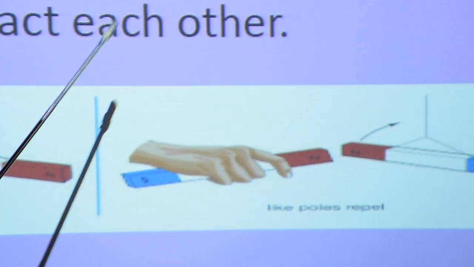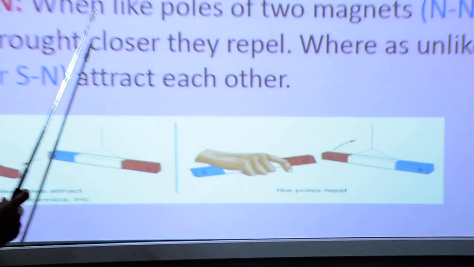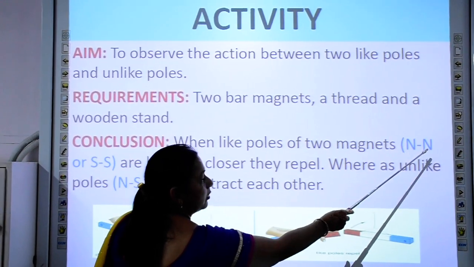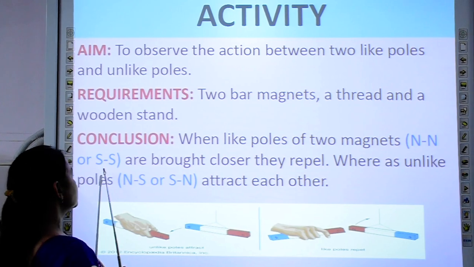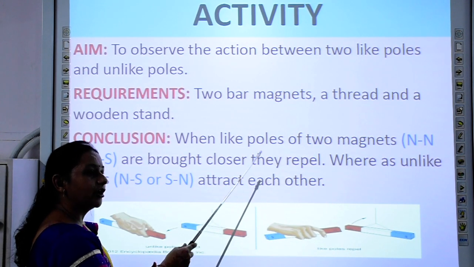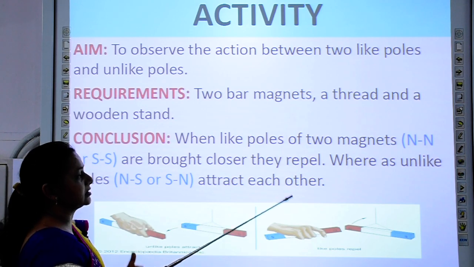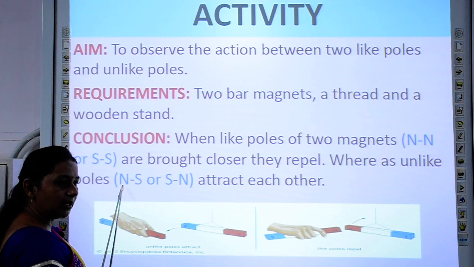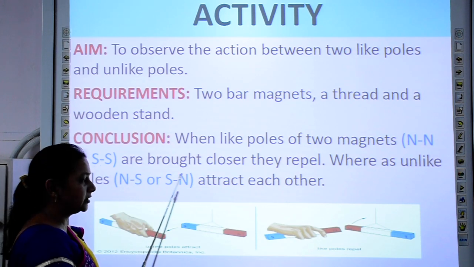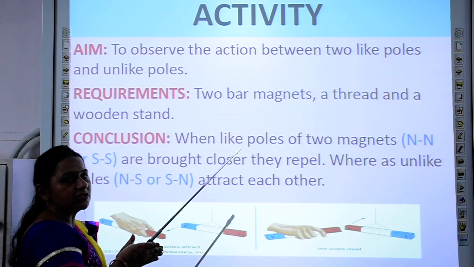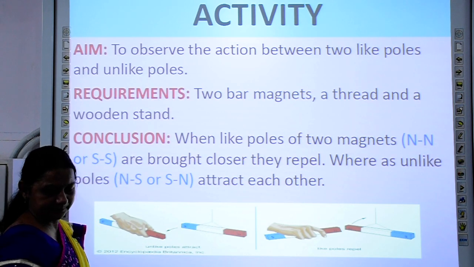So, from this activity we conclude that when two like poles of two magnets, north and north or south and south, are brought closer, they repel, they will push each other. Whereas unlike poles, north and south, will attract each other, or pull each other towards themselves.